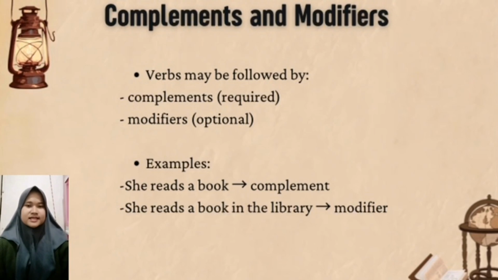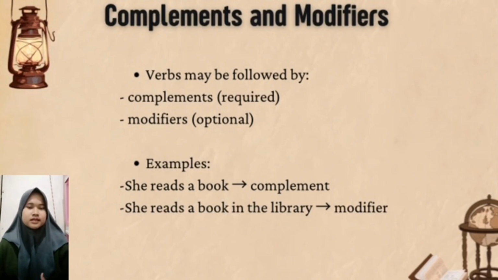And for the next is complements and modifiers. In forming verb phrases, verbs may be followed by other elements known as complements and modifiers. Complements are elements that are required by the verb in order to complete its meaning. Without them, the sentence may be incomplete or ungrammatical.